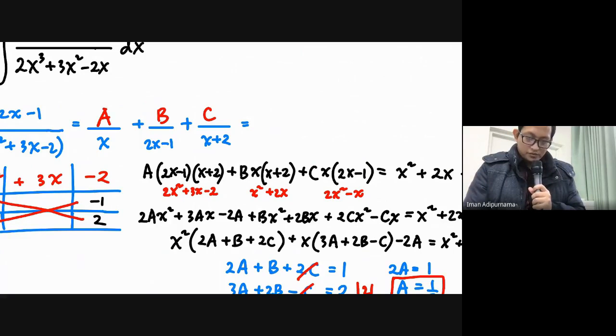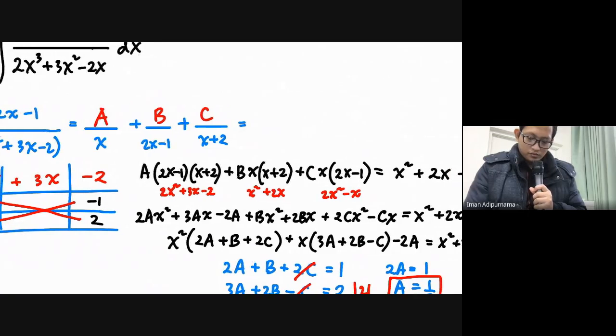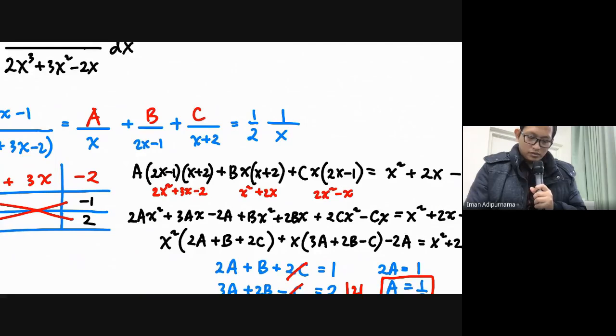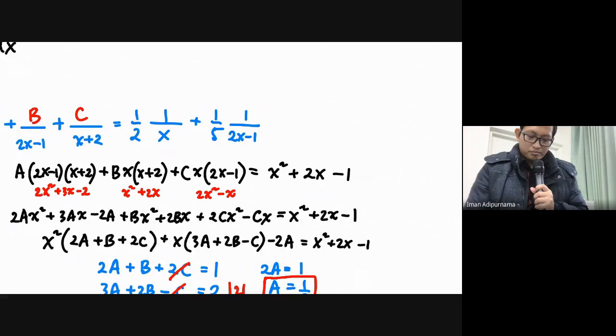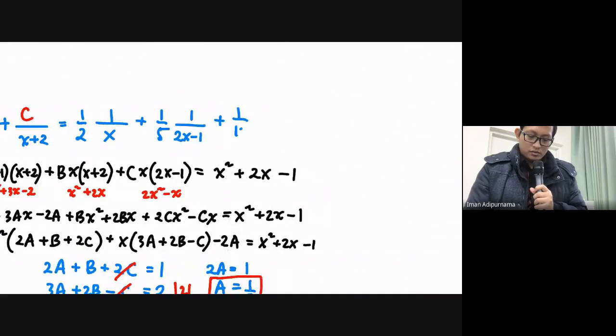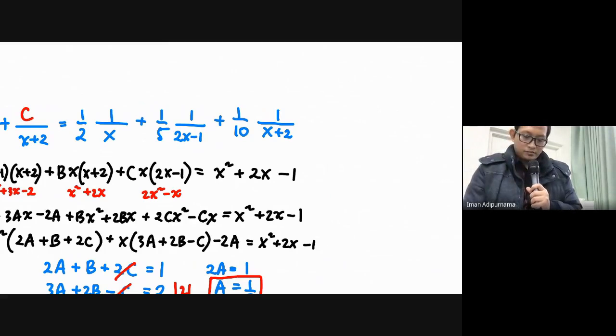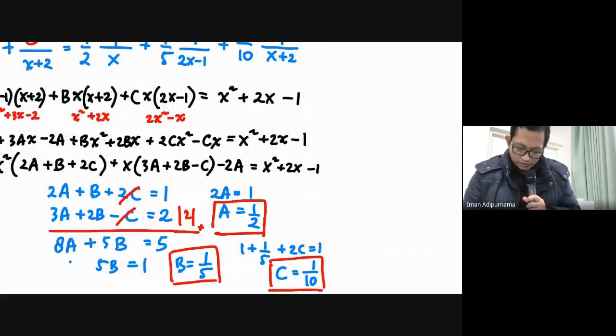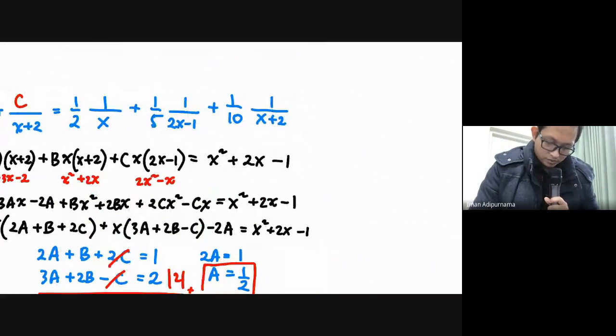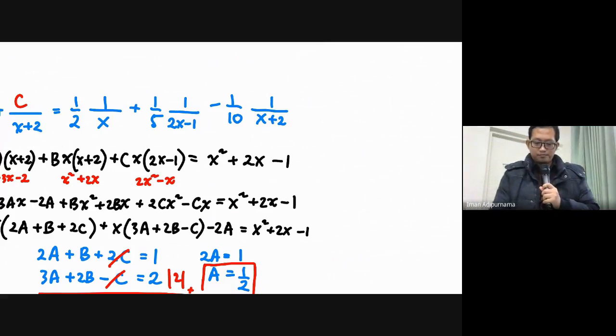It will be half of 1 over x, and then plus 1 over 5 of 2x minus 1, and plus 1 over 10 of x plus 2. Oh, I think this should be minus, right? So this minus. Okay.